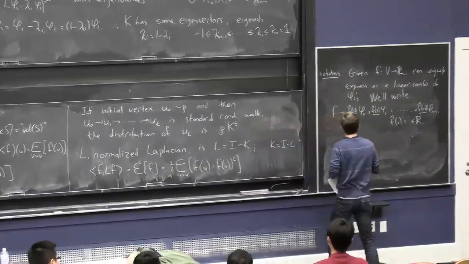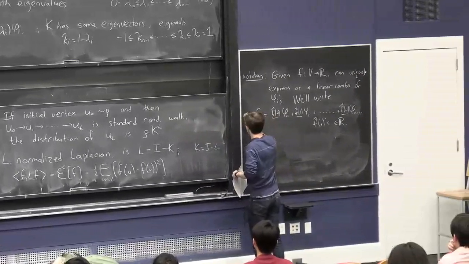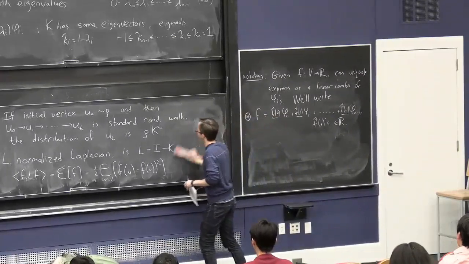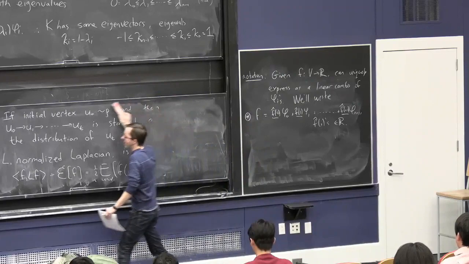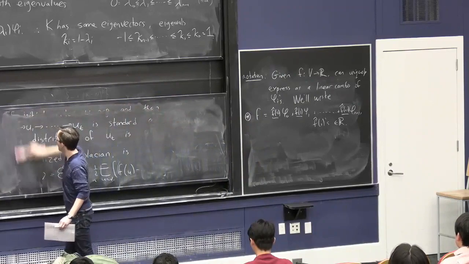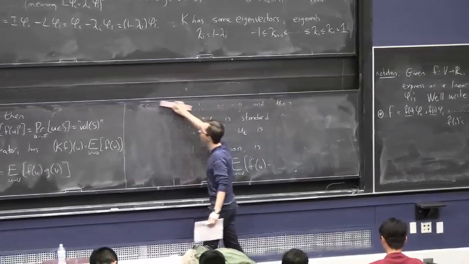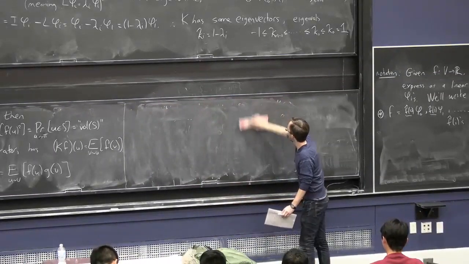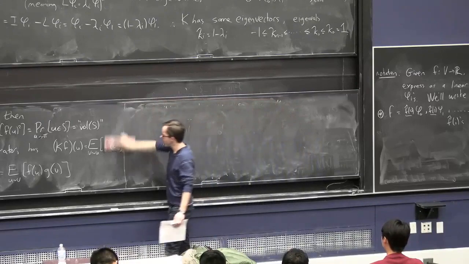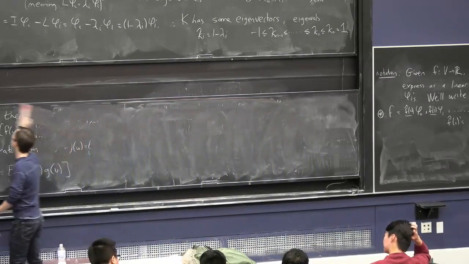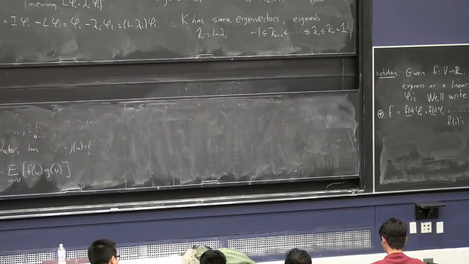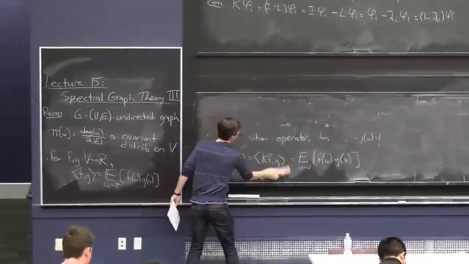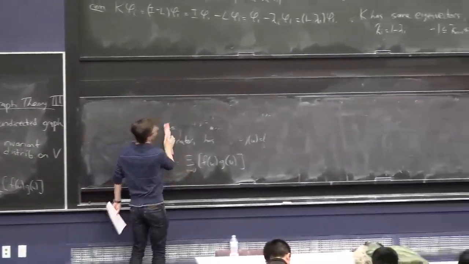Let's take this equation, I'll call it star. And let's ask ourselves the question: suppose I had some f and somehow I figured out these coefficients, the f hat i's. Great. And now I was interested in doing the same thing for Lf. I wanted to understand what is the expansion of Lf or Kf.